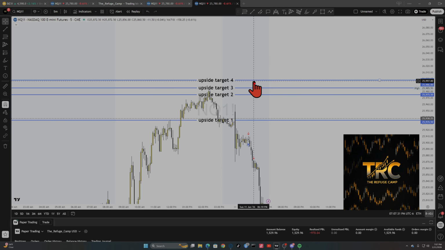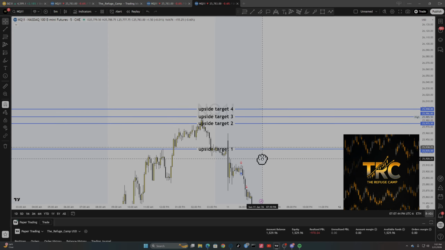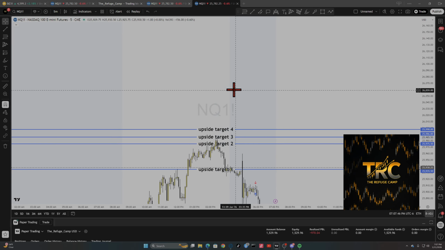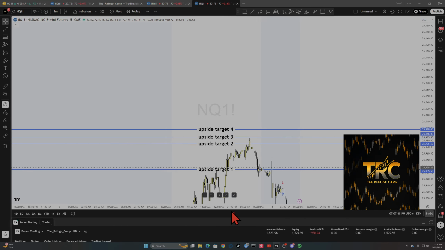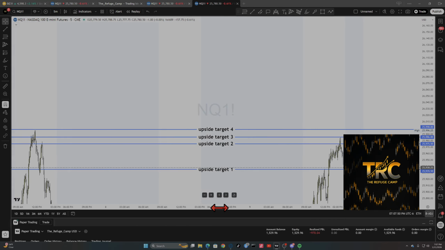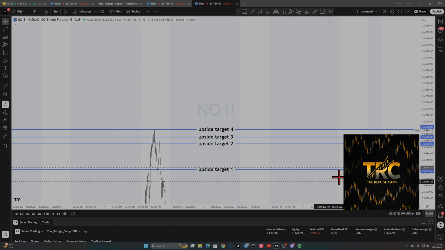I usually like 5 up and 5 down because you can see price can move fast and it can move far, right? Usually 5 targets up, 5 targets down gives you a good range. So now we need to look above the 15-minute and with the 5-minute.